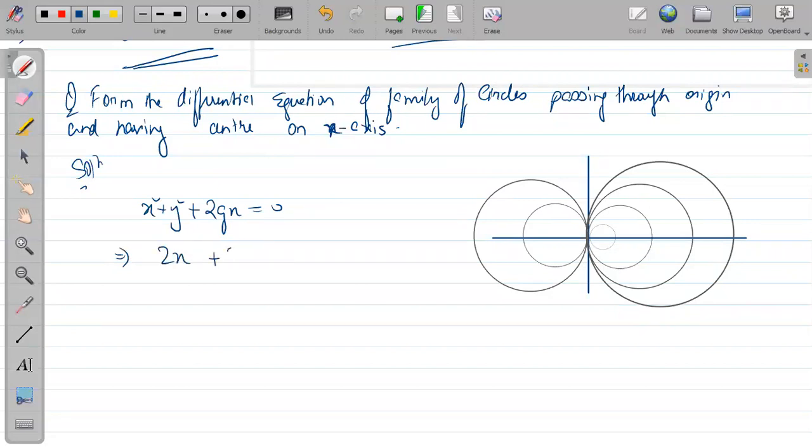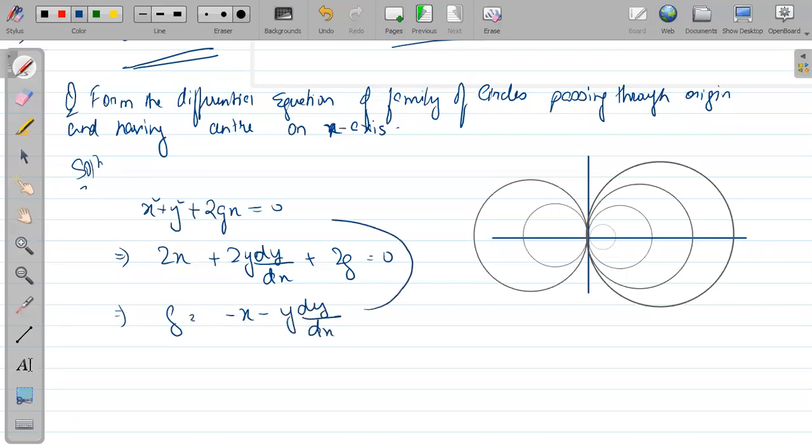Differentiating, you will get 2y dy by dx and this 2g only. You have to eliminate g. So g becomes minus x minus y dy by dx. Put it here. Therefore the required differential equation: there are two equations available, by using these two you have to find.